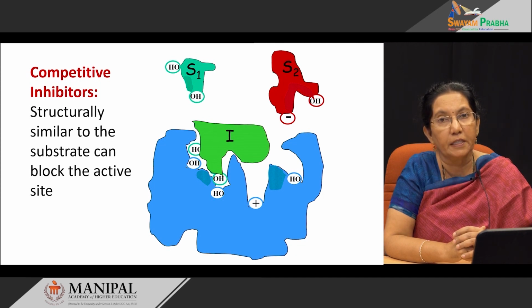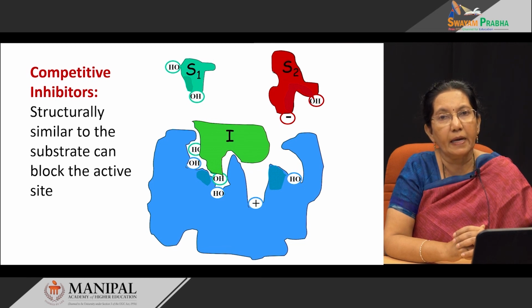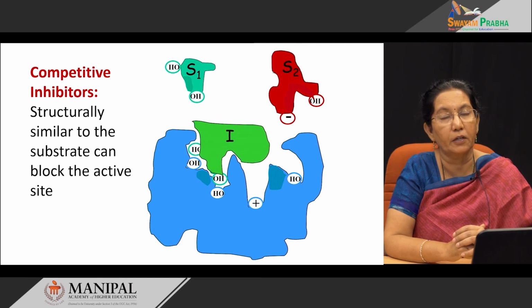Why do competitive inhibitors act at the active site? Because they fool the enzyme into thinking that the structure actually is that of a substrate. The enzyme and the inhibitor can form an enzyme inhibitor complex, and that complex can be pretty stable.